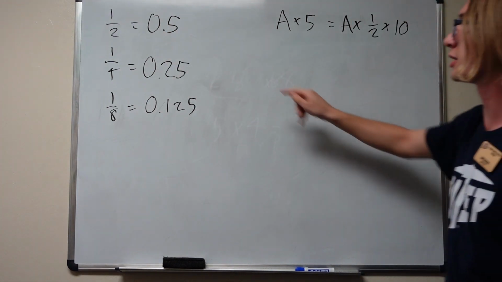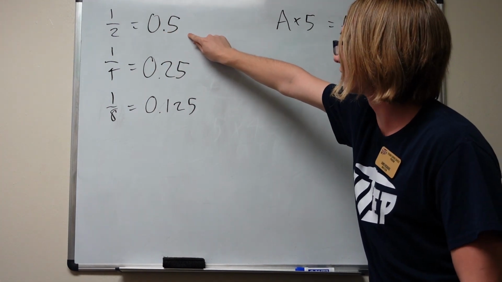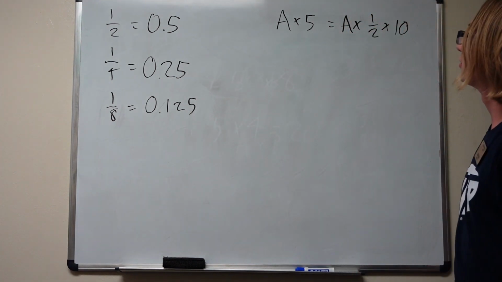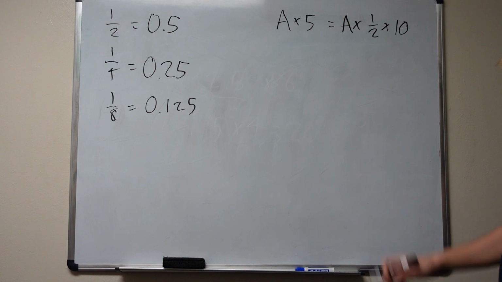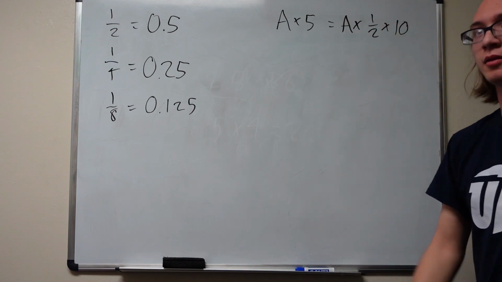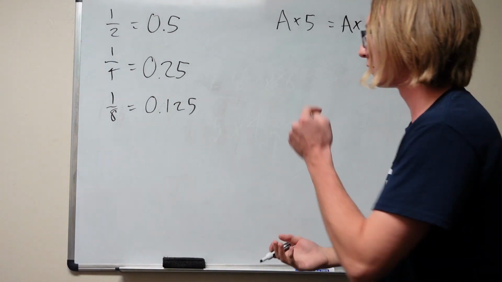If we multiply that by 10, we move the decimal place 1 to the right. So essentially, if we divide a by 2 and add a 0, we can multiply by 5.